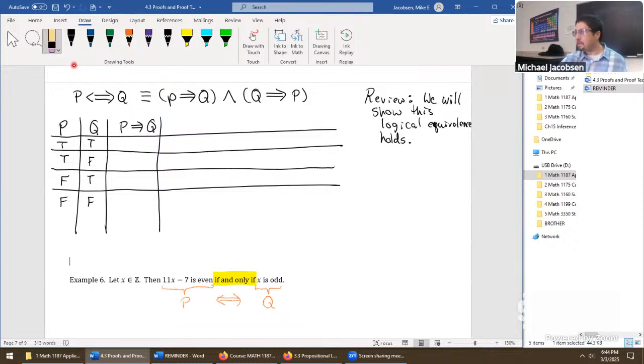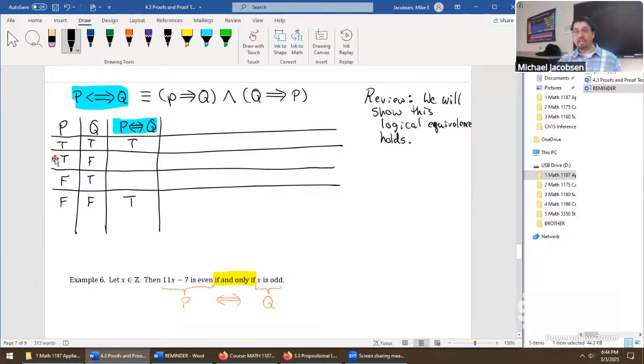Actually, let me back up one statement here. For proving logical equivalence, might be a good idea to just do this one right out of the gate, and then do these two right here, right after. So P if and only if Q. Because it's logical equivalence, we only have true when the truth assignments are the same. That's when they're both true or both false. This is easy to forget with these.